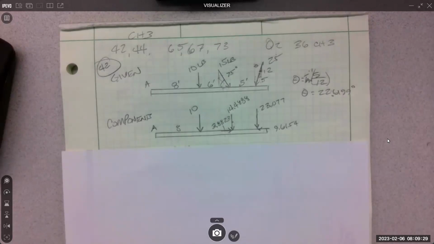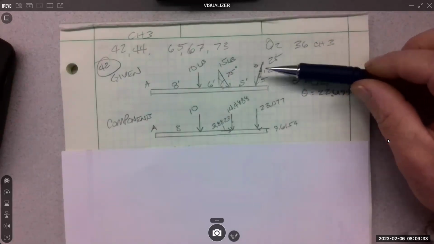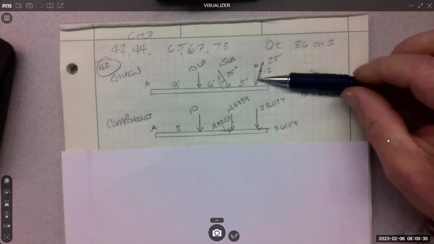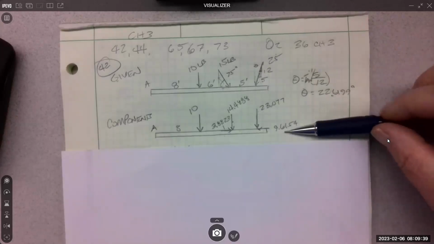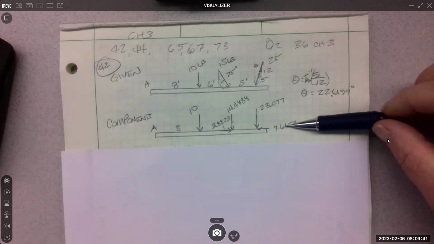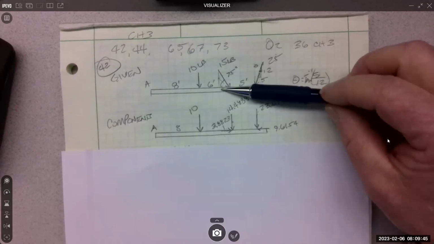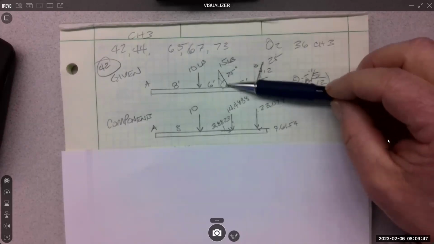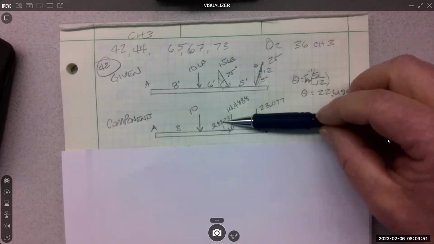You know you have it right, especially with steep angles. This is a pretty steep angle, near vertical, so the vertical effect is going to be a lot larger than the x effect. That's how you can double check yourself. This is pretty steep also, 75, so that vertical effect needs to be bigger than the x effect.